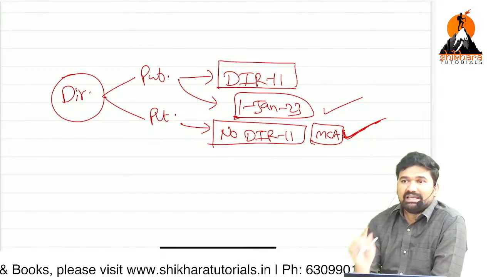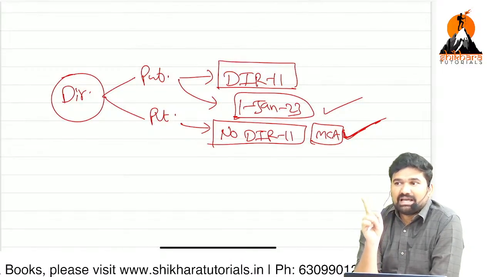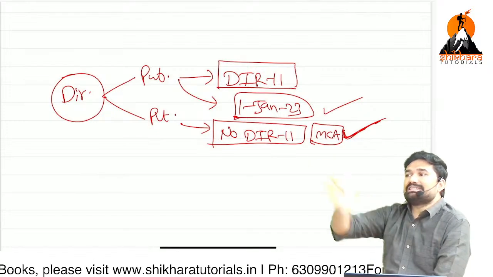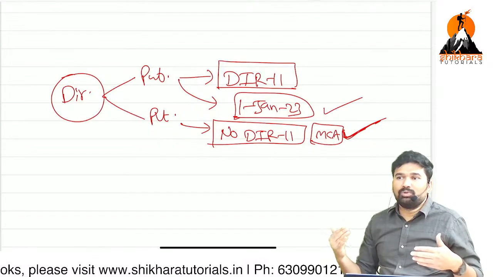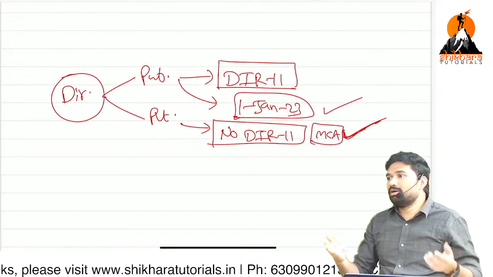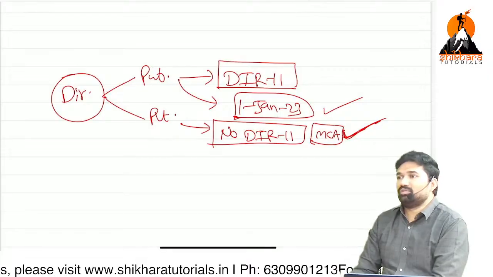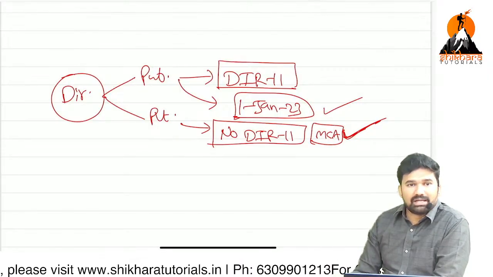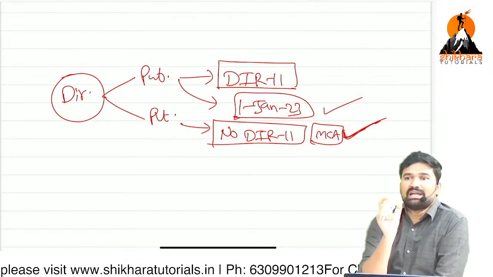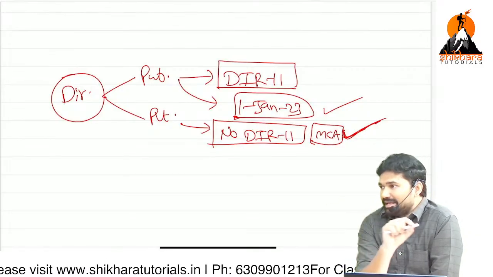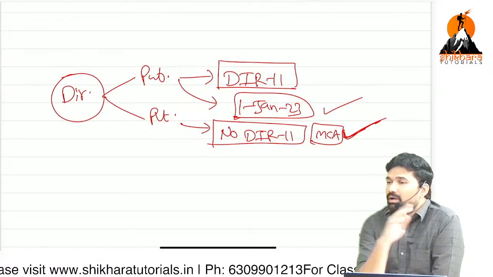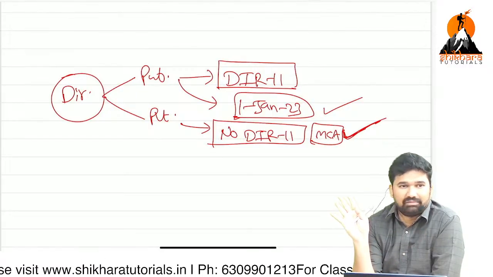That means in the first case, the Companies Act rules have given relaxation to you. But whether you are going to enjoy that relaxation or not depends upon your AOA. What is AOA? Articles of Association. If your Articles of Association is silent and doesn't say anything regarding DIR 11, no need to file DIR 11. Why?